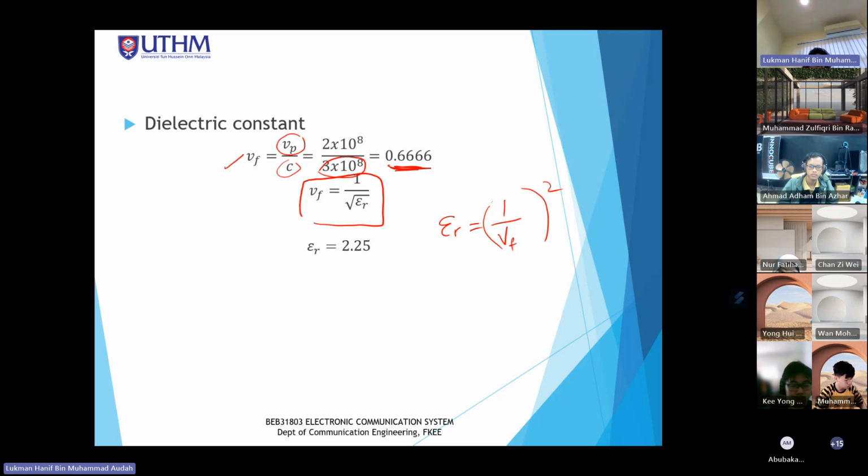You can use your calculator: 1 over 0.666, then squared, and you are going to get 2.25.